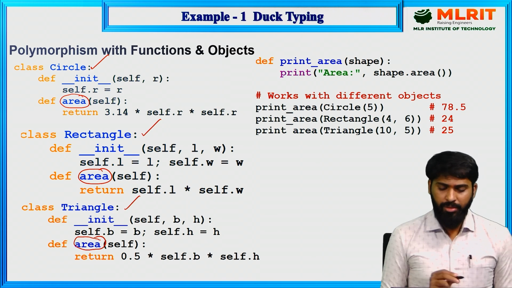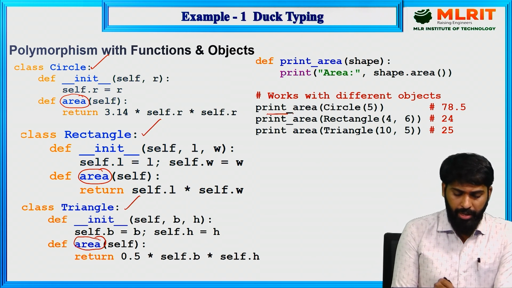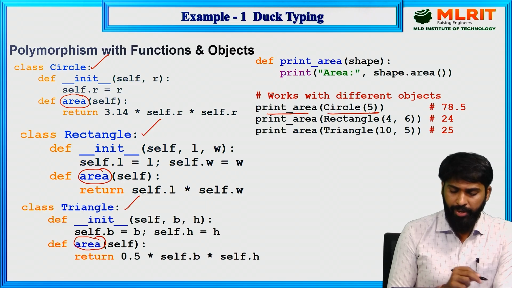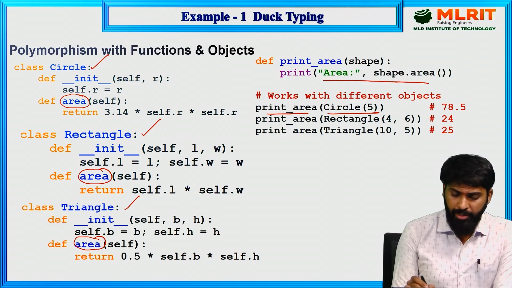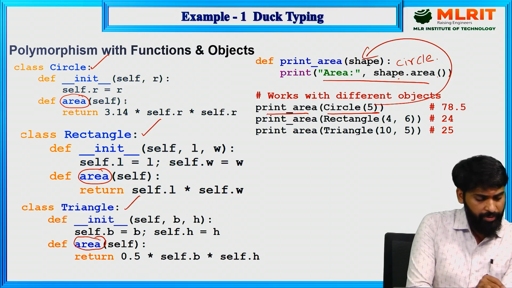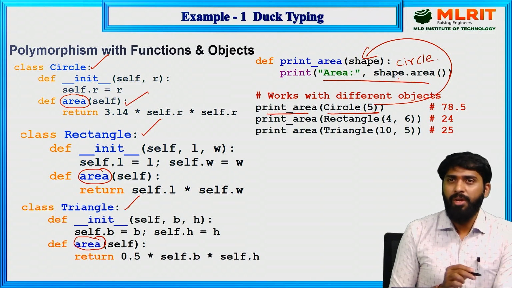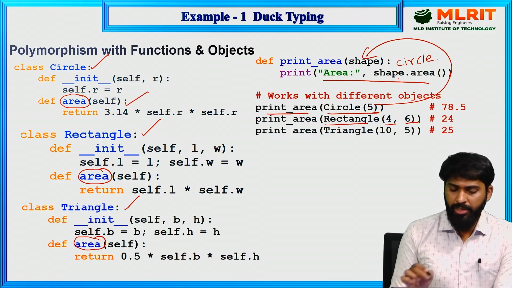Now this is the function print area, called with circle of 5. This function will be invoked and it prints shape dot area. Here we pass circle as an argument, so circle dot area will be invoked. In the second call we pass rectangle 4 comma 6.